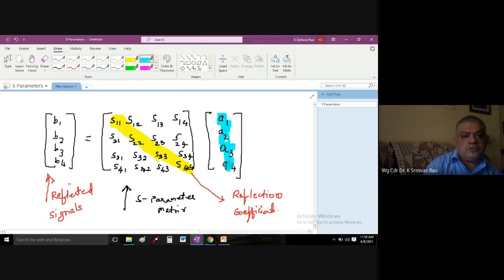We know these are all the incident signals, or incident waves, at the various ports. So these are the S parameters, these are the reflected signals, this is the incident signal, and these diagonally placed elements are the reflection coefficients. So this is about finding the S parameters for a 4-port network.